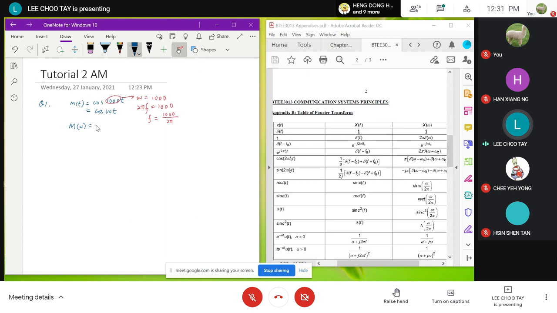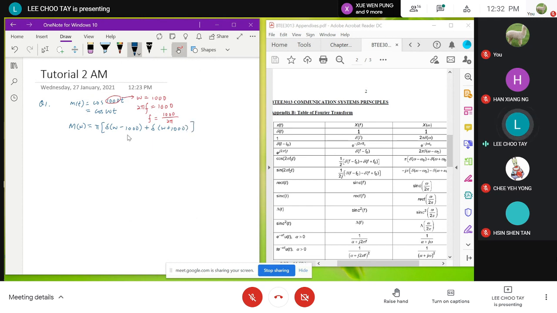Then I have two delta functions: delta of omega minus omega naught, where 2 pi f naught is omega naught, and in this case omega naught is 1000, plus another delta function, delta of omega plus 1000.